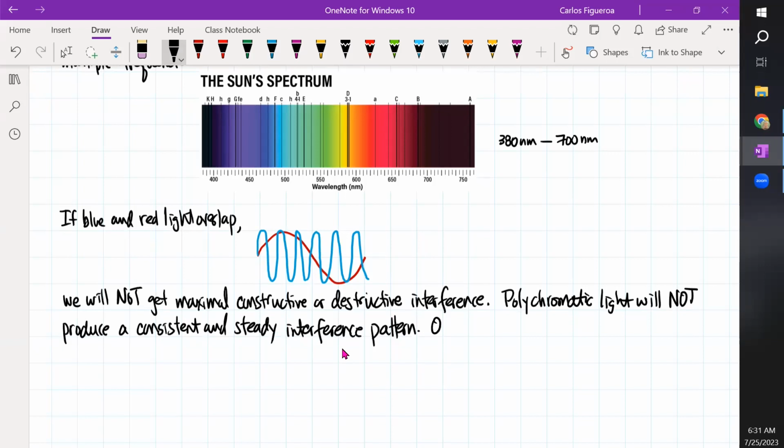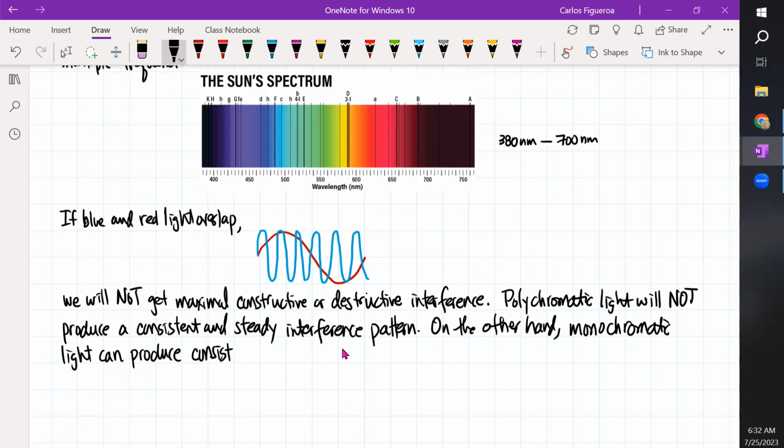On the other hand, monochromatic light can produce a consistent pattern.